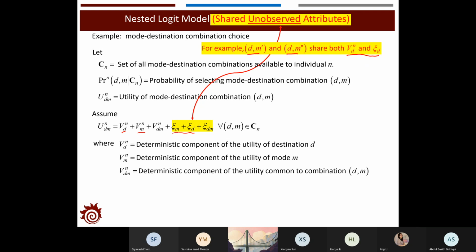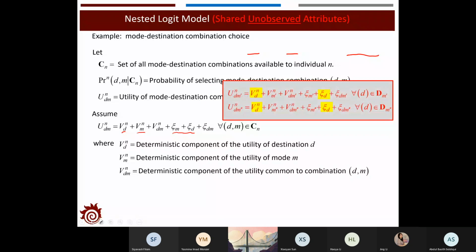Vd is the shared observed component that can be obtained from real world attributes, and epsilon d is the random component that cannot be observed. If we have this assumption, we need to think about how we can build a model to estimate the decision based on this additional unobserved shared attribute.